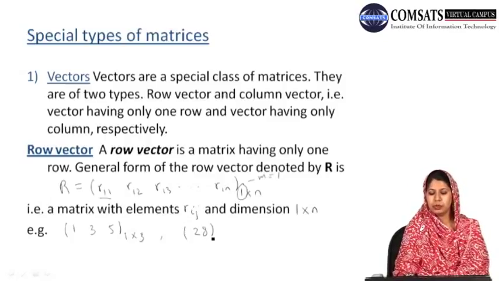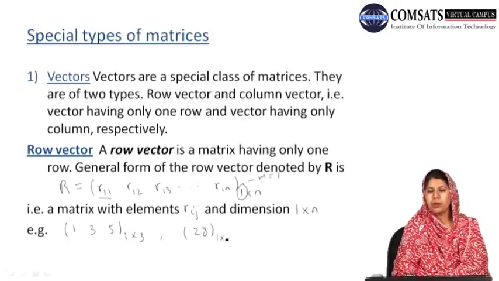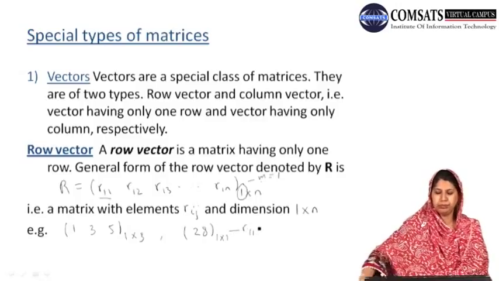Yes, this is a row vector, because the order is m by n, and whenever m is equal to 1, that matrix will automatically be a row vector, no matter what the value of n is. So here we have one row and one column. So this is an example of a row vector with only one entry, R11.